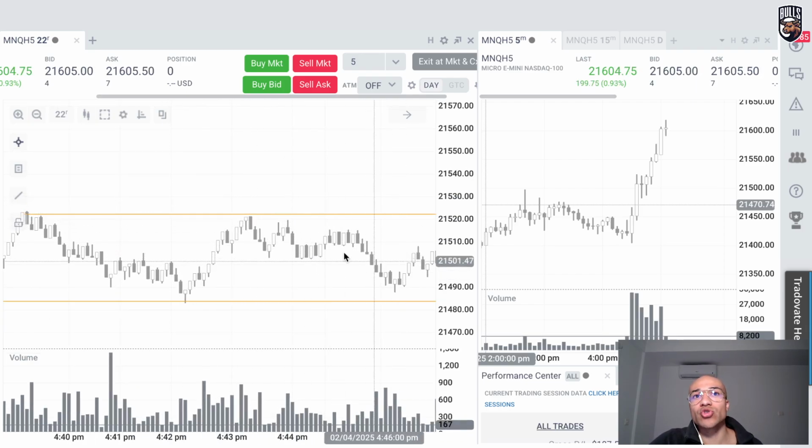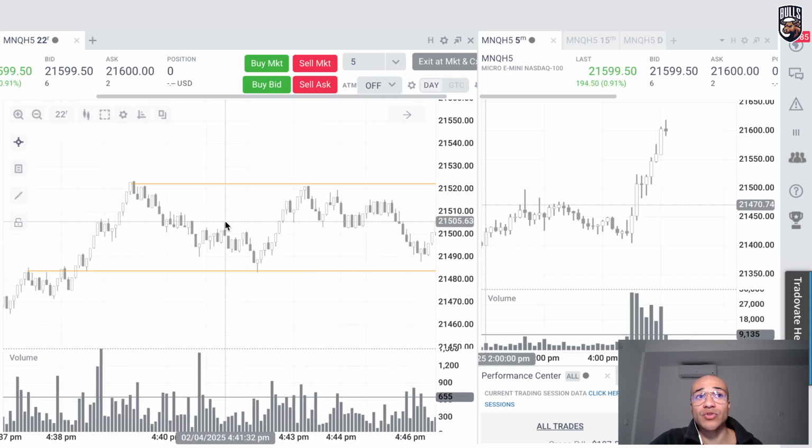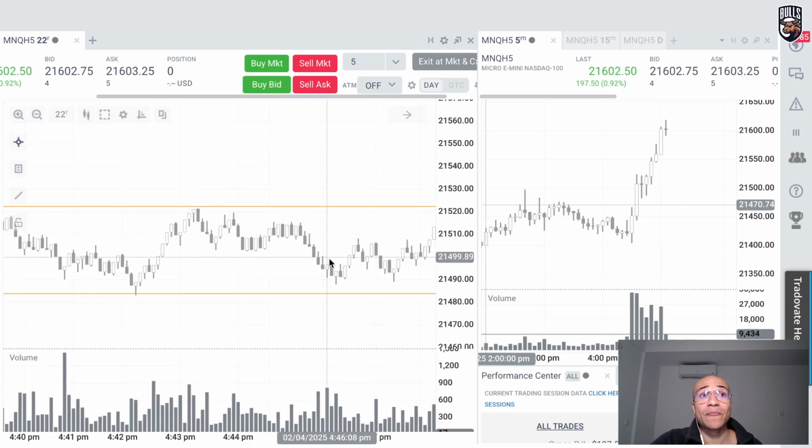I wouldn't have taken a short here, way too risky. And as you see, we're just grinding sideways between 500 and 515. So not a good short to take at all. Wouldn't have loved to be in this position. Also strong counter trend trade, which you shouldn't do in the first place. No shorts here.